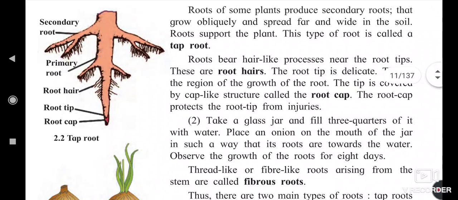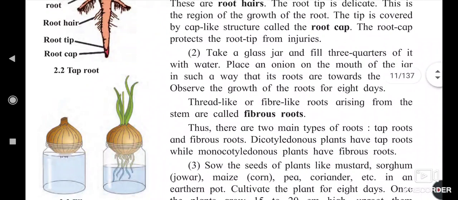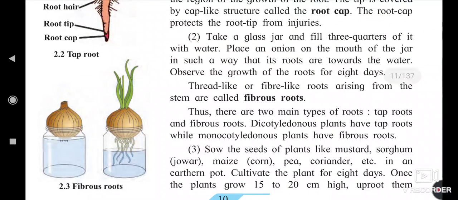The second point is an activity. Look at the picture. In the picture there is an onion, a glass jar, and water in the jar. Take a glass jar and fill three-fourths of it with water.